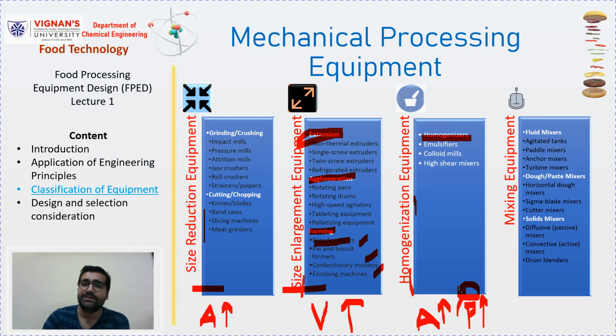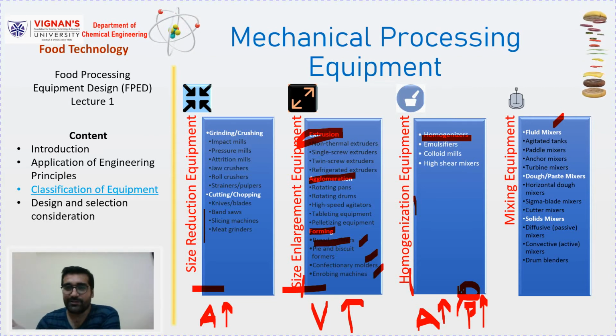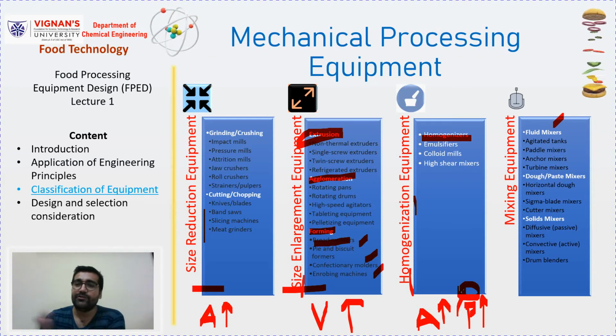Then next come the mixing equipment. Depending upon the type of raw material we are dealing with, whether fluids, powder material or solid material, based upon our requirement, we need different types of equipment. For example, in case of fluid, we'll go with agitation tanks, paddle mixer, anchor mixer, turbine mixer.